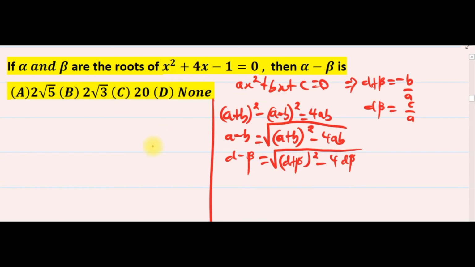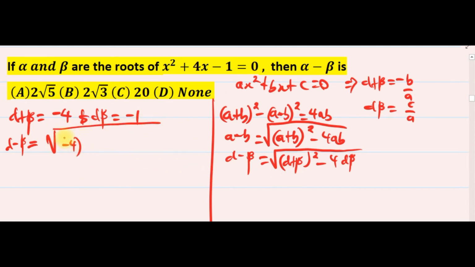From this, you see that alpha plus beta is minus b over a, which is minus 4 over 1, which is minus 4, and alpha times beta is minus 1 over 1, which is minus 1. So we now substitute. Alpha minus beta is the square root of the sum, minus 4 squared, minus 4 times their product, minus 1.